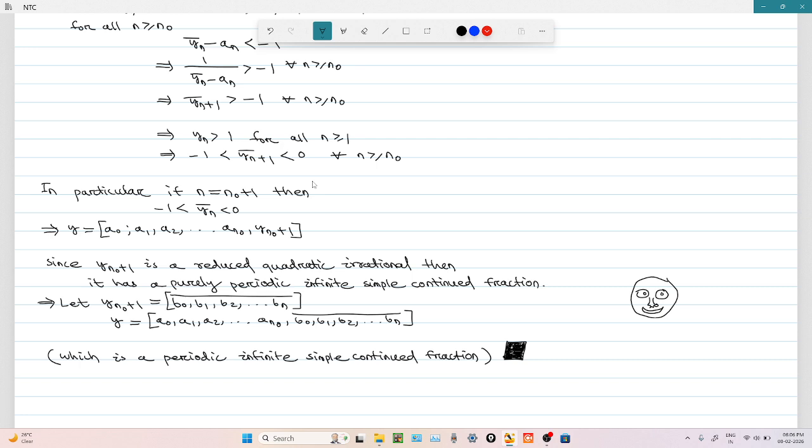Since y n0 plus 1 is a reduced quadratic irrational, it has a purely periodic infinite simple continued fraction.